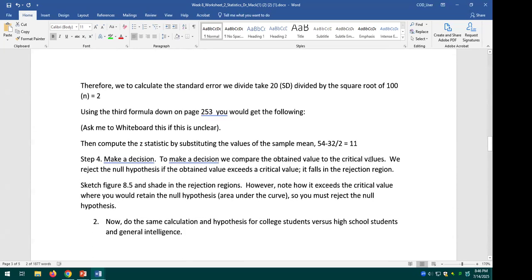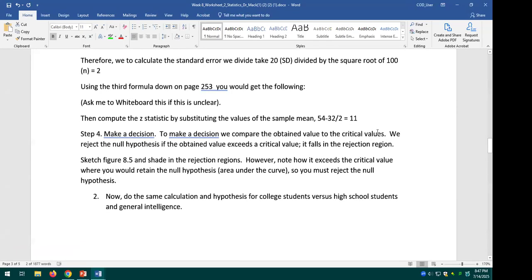So we said Z is equal to the sample mean, which happens to be 54, minus the population mean, which was 32, divided by the standard error, which happened to be 2, which means we get 11.